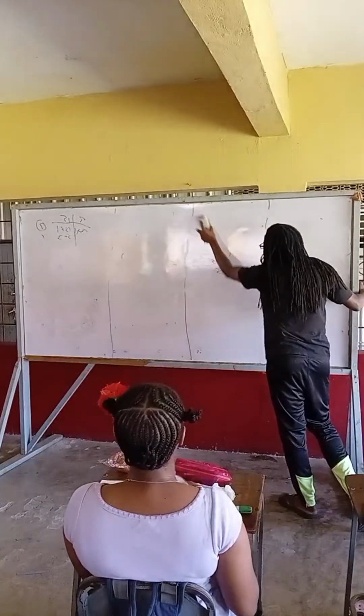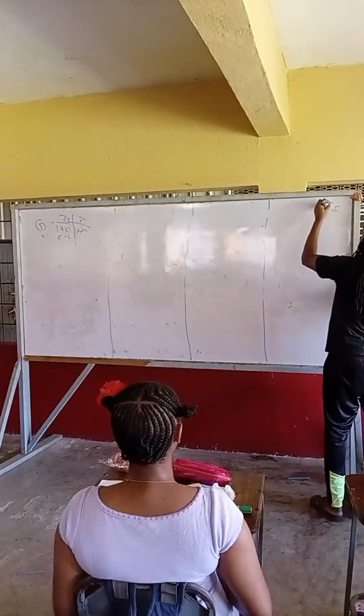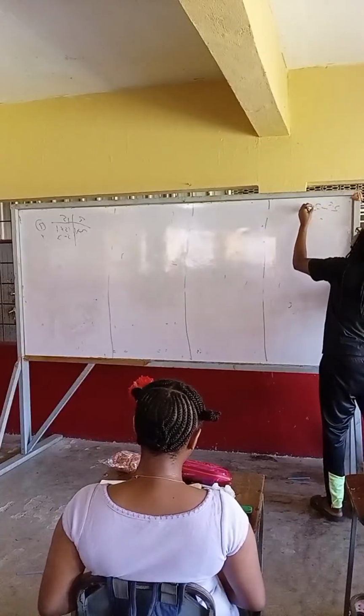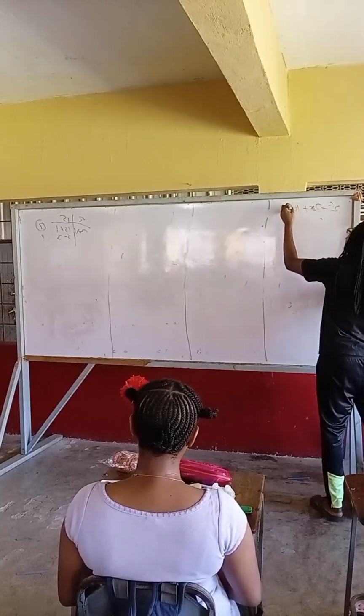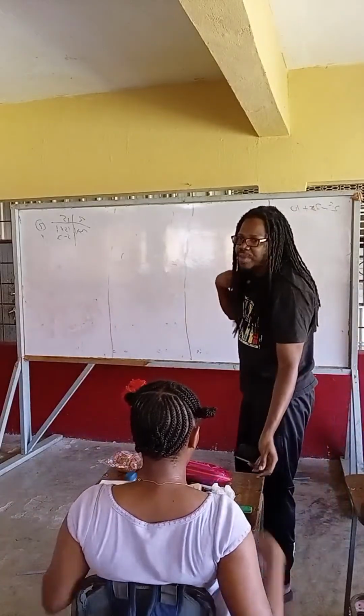Give me x squared minus 7x plus 10. All right, try it. Just try it so that when I explain it, you can see what happens.